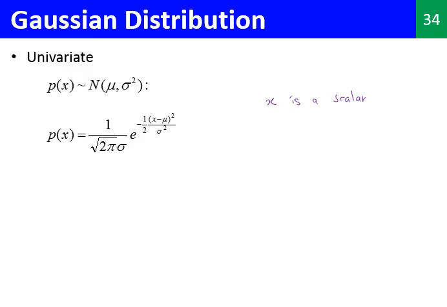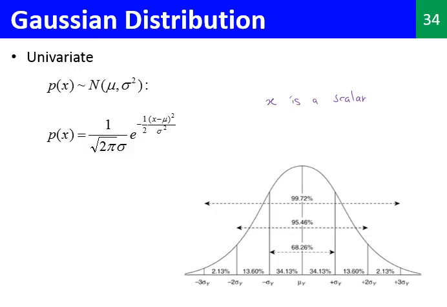So graphically, it has this nice symmetric shape around its mean, and you can see about 68.3% of the values fit inside 1 sigma range, and if we consider 3 sigma, then almost all the values, that is 99.7% of the values, fit in that range.